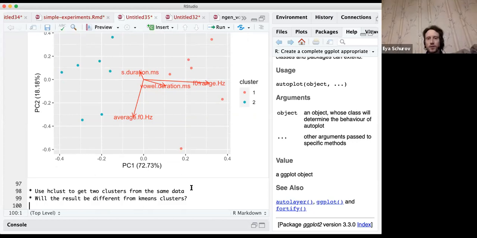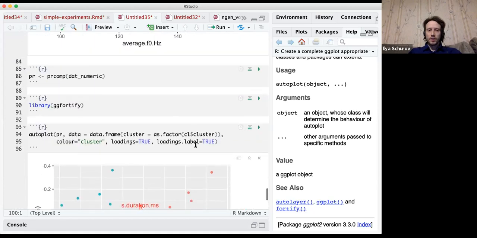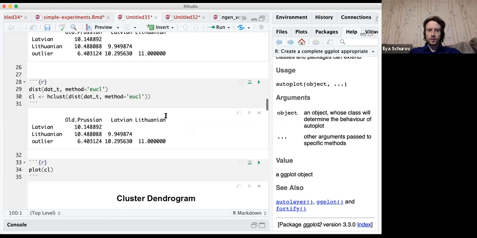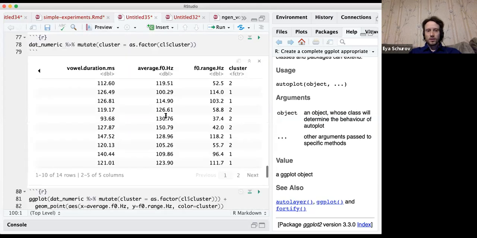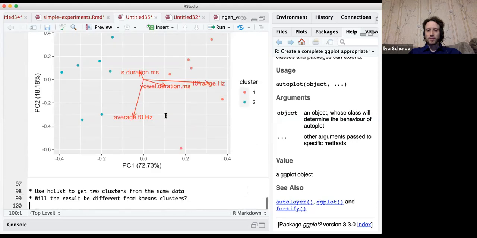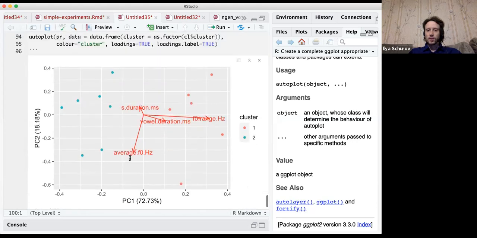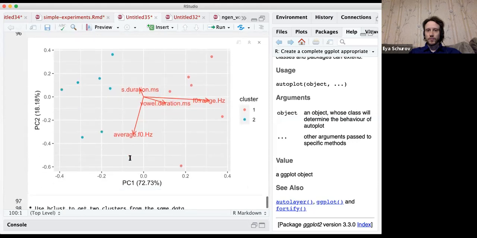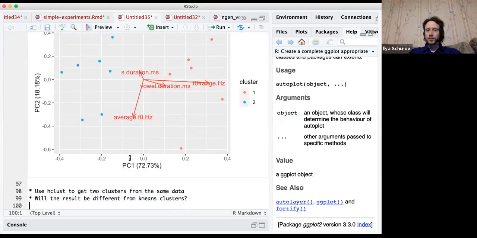So we can apply hclust to the same data, and we have to do it just like we tried previously here. So we have to create a distance object and feed this distance object to function hclust. Let us use Euclidean metric as previously, and I just want to compare the results. Will I get different clusters or the same clusters?